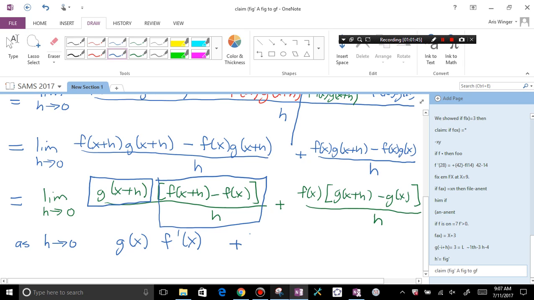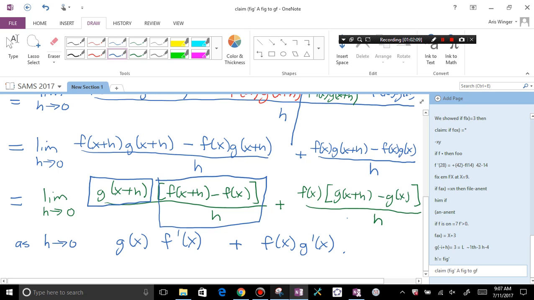That's the derivative, right? Plus, that f of x is just hanging out, and then this one right here, what's that? That's g prime, and that is the end of the proof. That's what I wanted to show.